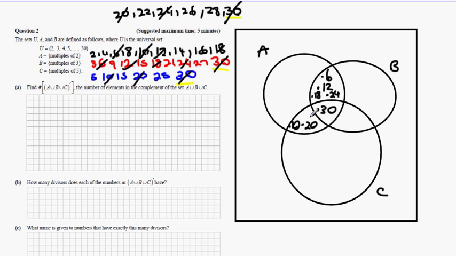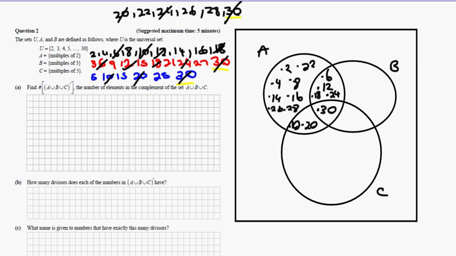Now, the next thing is what's left in A. Well, we're going to have 2, 4, 8, 14, 16, 18 is gone, 22, 26, and 28.